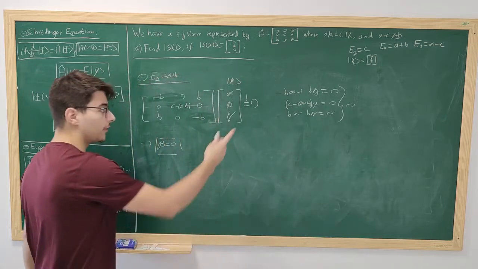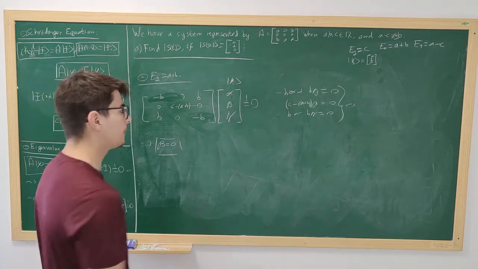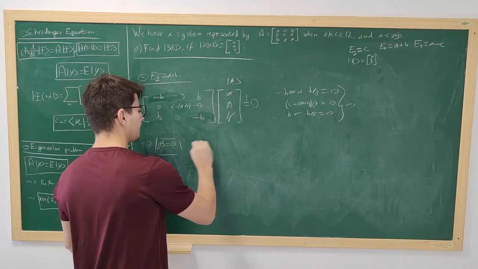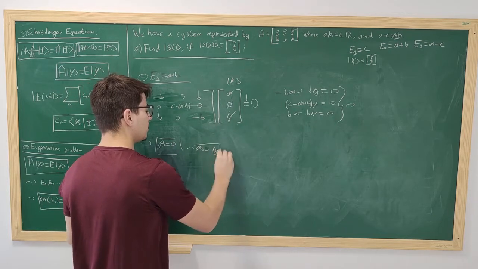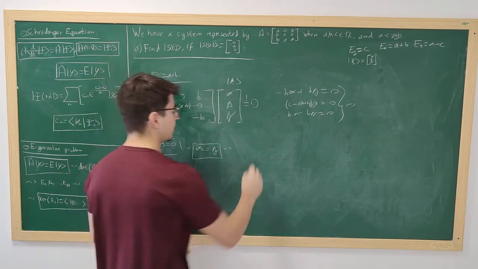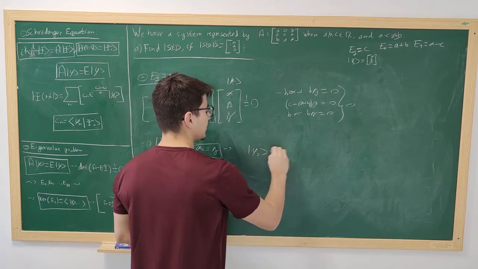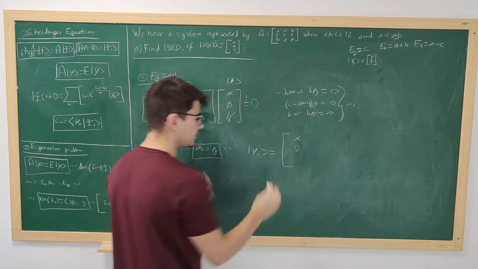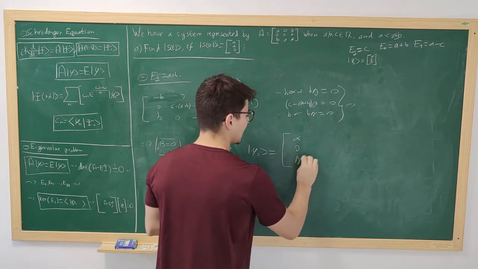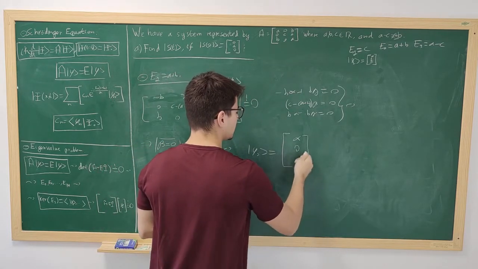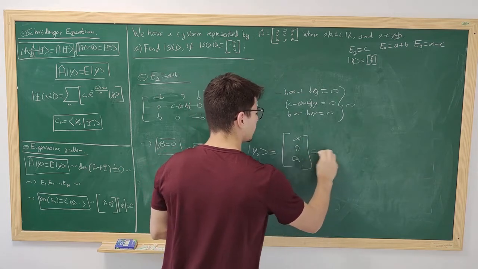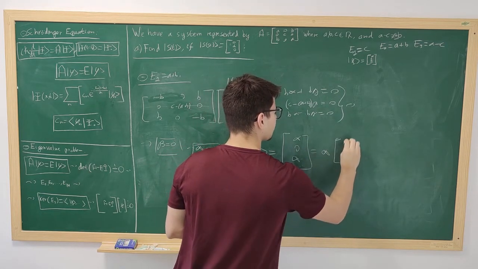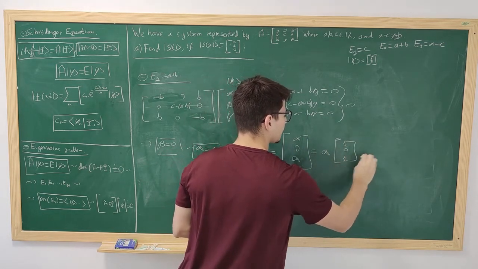Now, from the first equation and the third one, which are really the same, we have that alpha equals gamma. So we already have our second eigenvector, and we can express it as follows. We have alpha, beta is 0, and gamma, but gamma is just alpha again, so we can write this as alpha times (1, 0, 1).